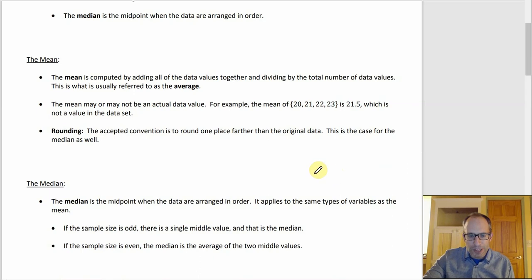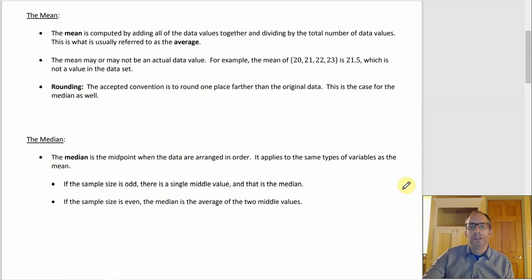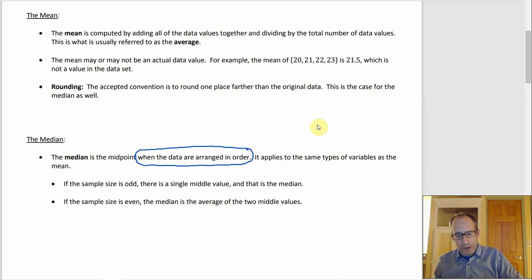The median, by comparison, is the midpoint when you put the data in order. So I guess that's the first thing. If your data set is not in order, you've got to put it in order first. And then it depends on if you have an odd number of data points or an even number of data points. Because if you have an odd number of data points, once you've got your list in order, there will be one right in the middle.